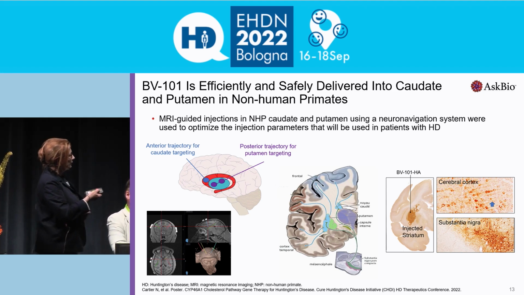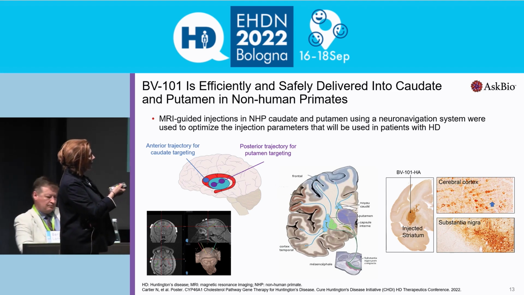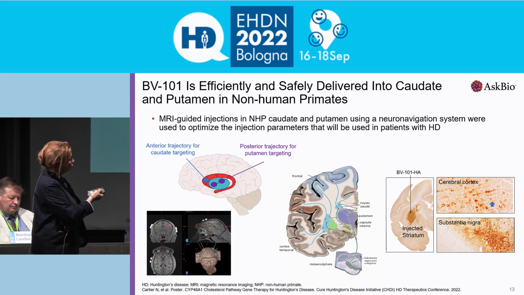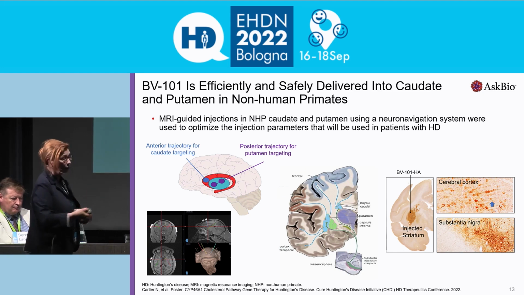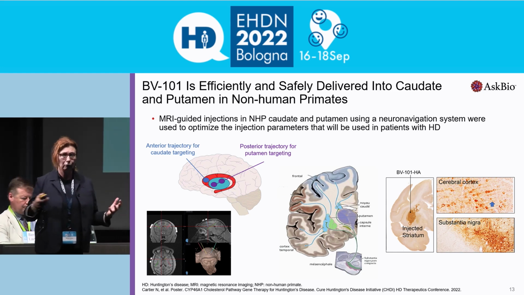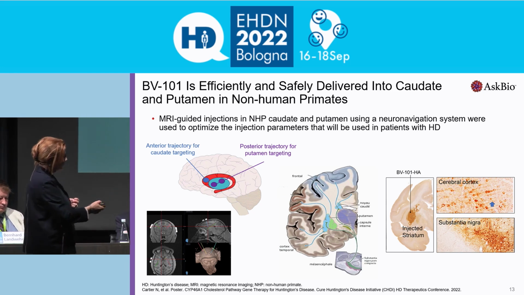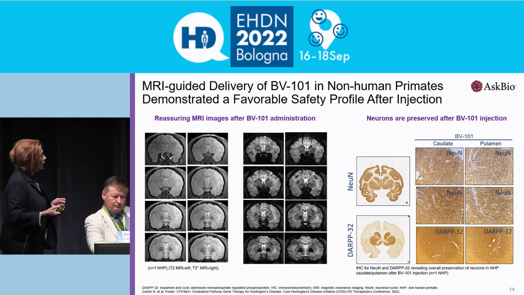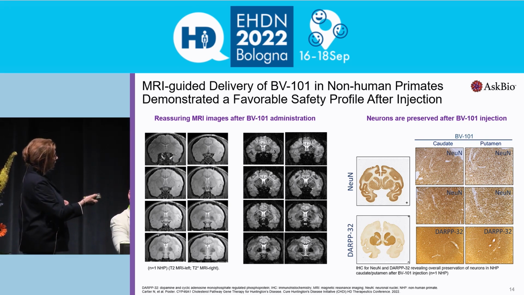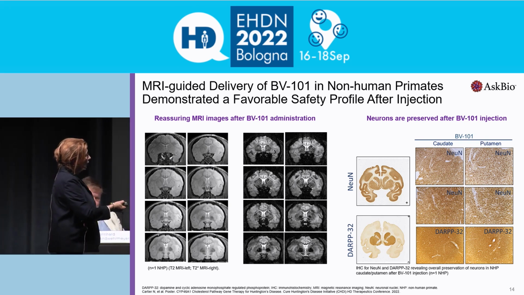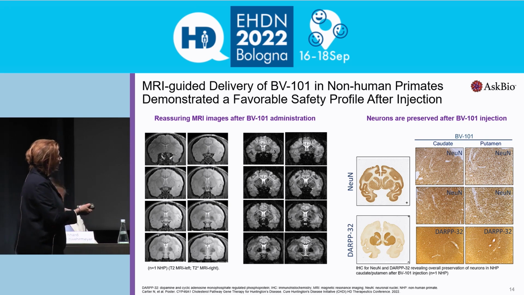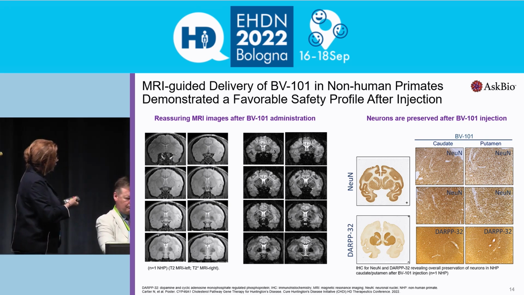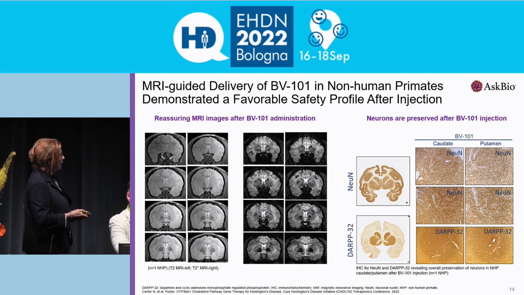We have demonstrated, using a vector carrying a tag in the first step, strong targeting of the striatum, with also expression in the projection areas, which is very important for Huntington, a more global disease, in the cerebral cortex and the substantia nigra. Based on that, we have done tolerance studies in primates, demonstrating not only preservation of neurons, as you see here in histology, but also tolerance on the imaging follow-up of these animals.